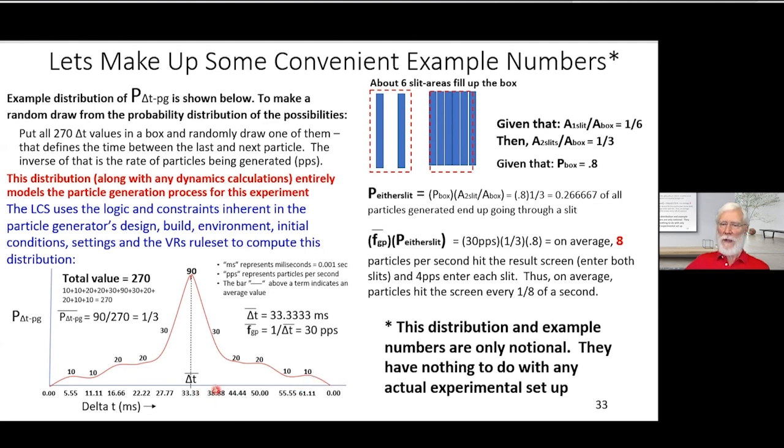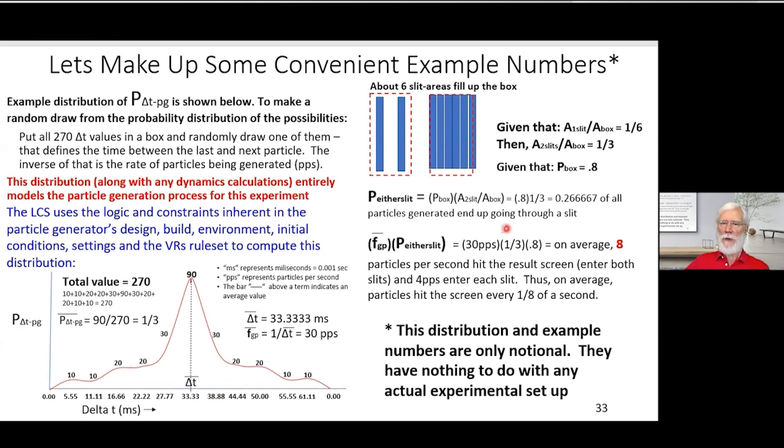Okay, so I just made up some notional numbers here and said, well, this is the red dotted line. These are the two slits. It says it looks like about 6 slit areas fill up the box. So you can run through this if you like. It's not really important. And you can see about how this works out.